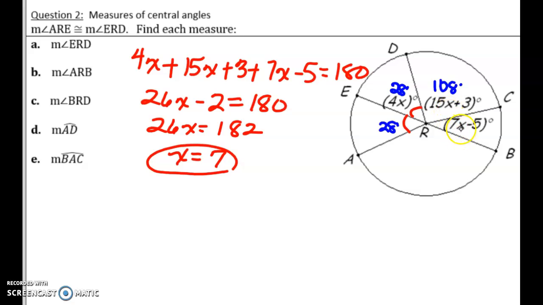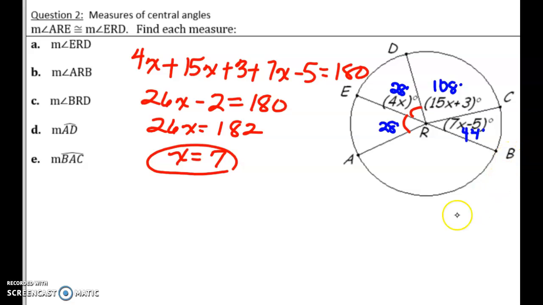And then 7 times 7 is 49, minus 5 is 44. And just to double check that my arithmetic is correct, I would add these up. That would be 136, 140, 180. Yep, so that works.